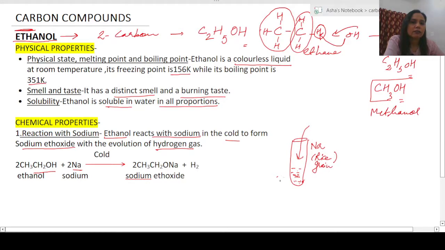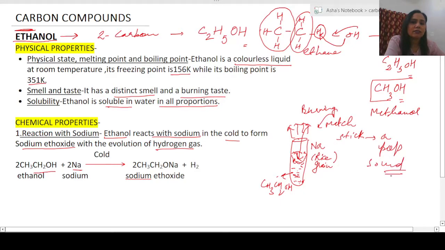You will see effervescence, and a gas will come out. If you bring a burning matchstick near its mouth, you will hear a pop sound. This pop sound is a characteristic property of hydrogen gas.